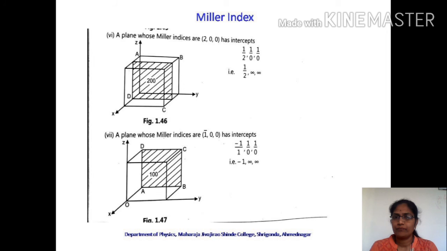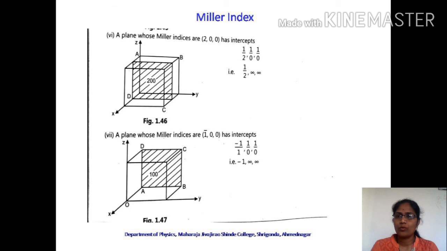The next plane is a plane whose Miller indices are bar 1, 0, 0. We have seen one of the characteristics of Miller indices, that it will have an intercept at -1 on the x-axis, at infinity along the y-axis, and at infinity along the z-axis. We have to draw such a plane.